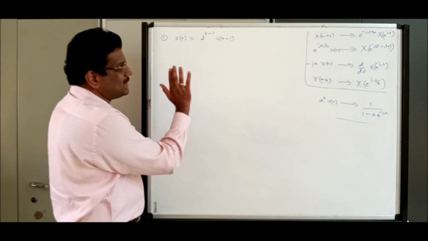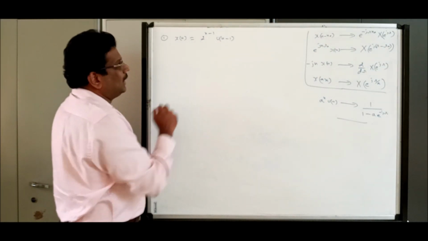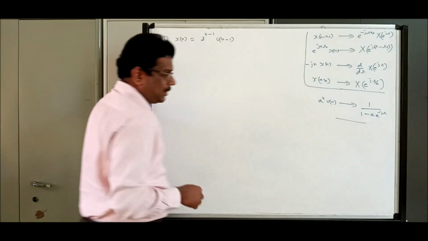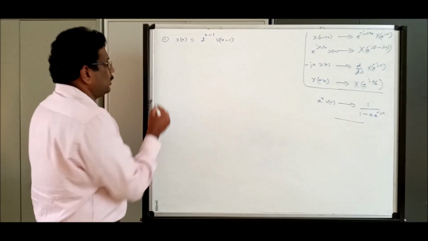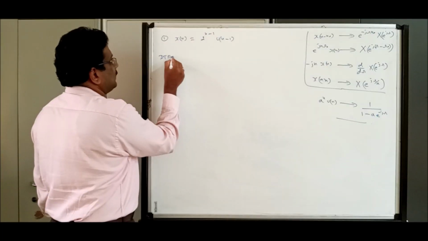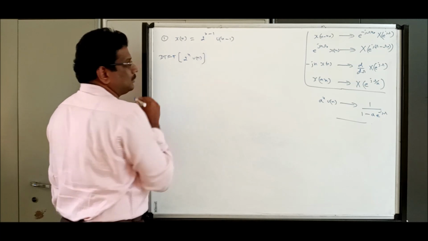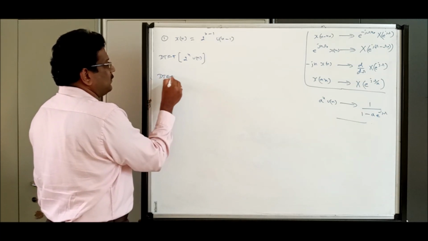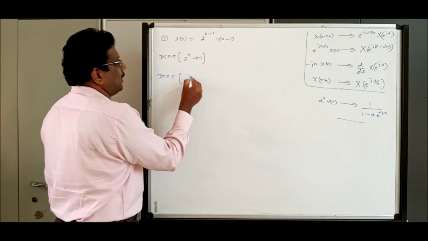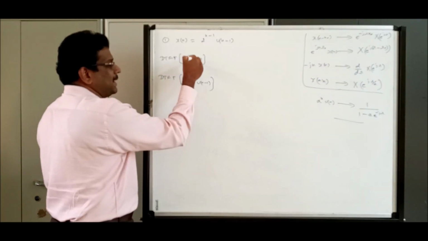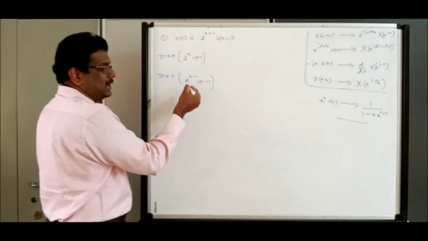If you just imagine the time shift is not there, it is 2 power n u of n, which comes under the general statement. So what is the procedure? We are going to split: DTFT of 2 power n u of n, next, DTFT of 2 power n minus 1 u of n minus 1. So this is the basic problem, and from here to here it is time shift.